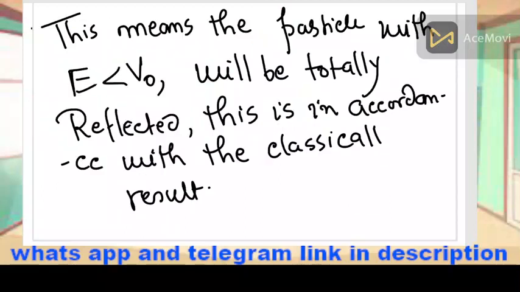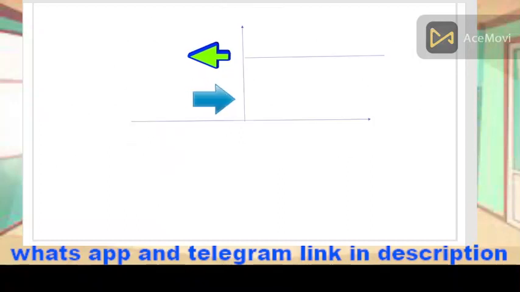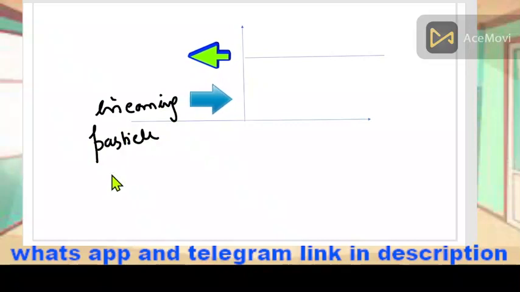This means if the particle has energy less than V naught, it will not be transmitted, and it will be reflected, and this is the classical result. Classically it says the particle will come. This is the incoming particle or wave. This is V naught.